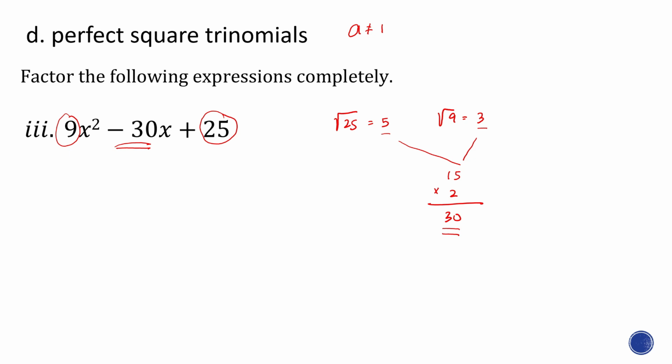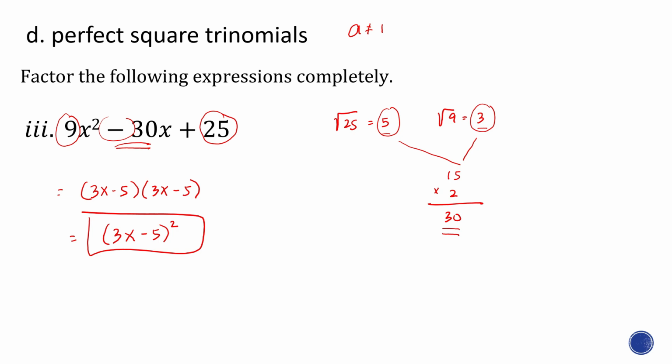So if that's the case, take this 3, take this 5, and then the sign of the second term, which is negative, and that gives us the factors of this perfect square trinomial, which are 3x minus 5 and another 3x minus 5. And again, we can rewrite that as 3x minus 5 squared.